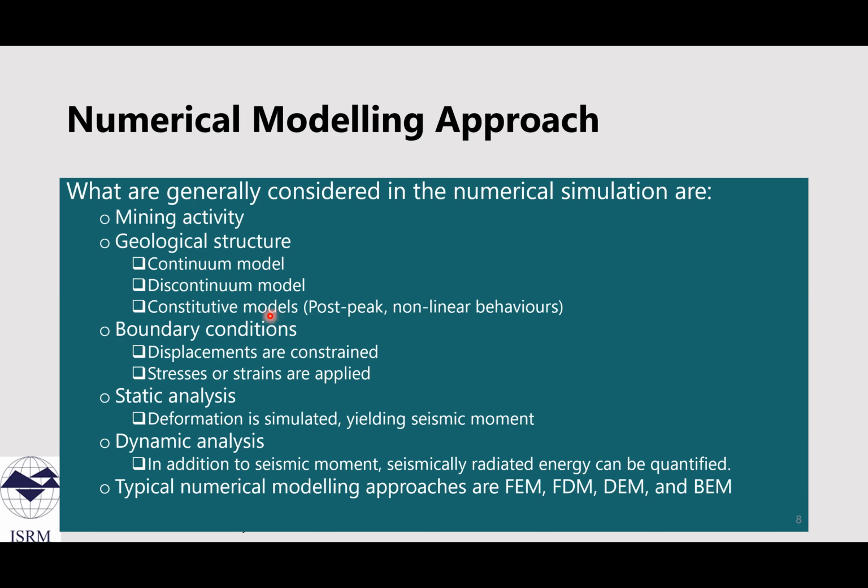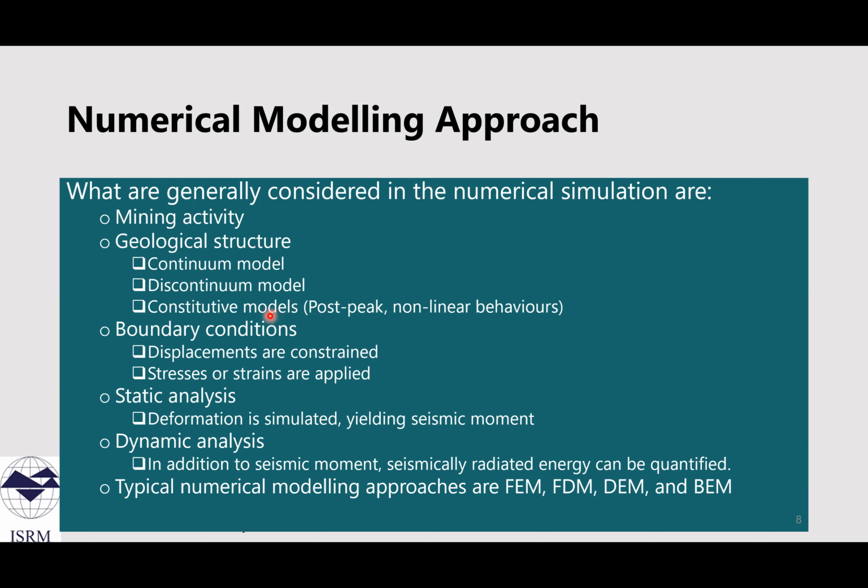So what we need to consider, in terms of the macro scale, is fault, shear zone, sedimentary basin, folding, intrusive rock, and so on. And then in terms of the mesoscale, we need to consider heterogeneity of Young's modulus and Poisson's ratio.